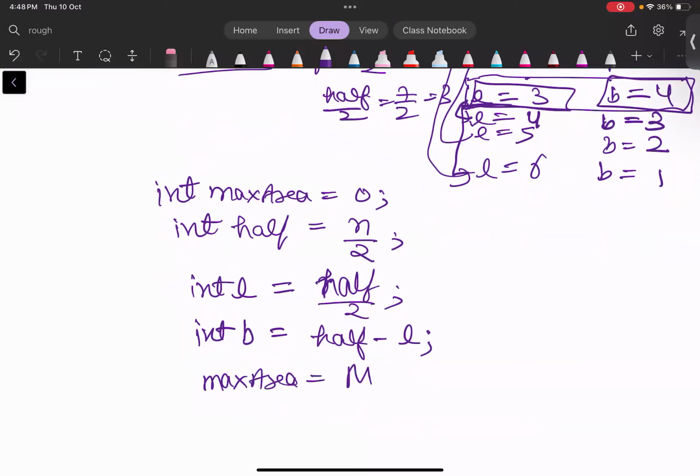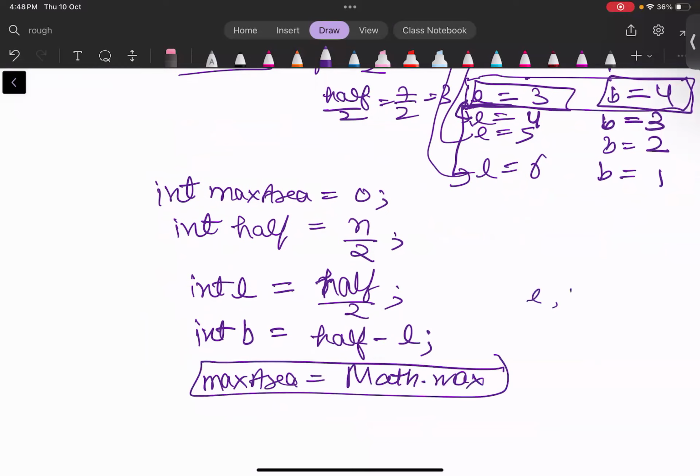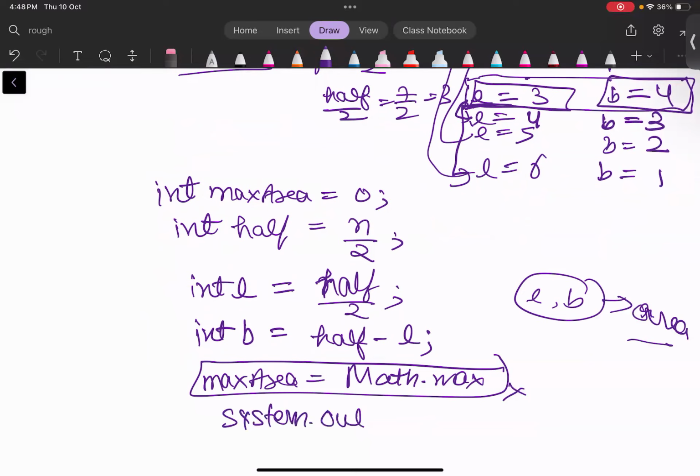Then there is no need for the Math.max function, because we know that L and B will always give the highest area of the rectangle. So there is no need for this step. Now we can simply System.out.print L cross B.